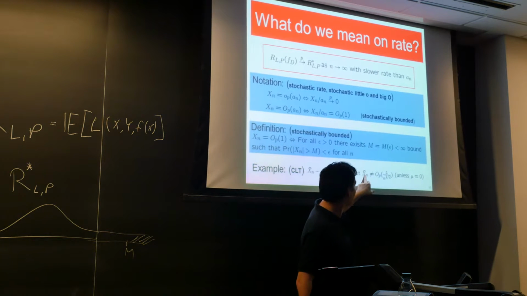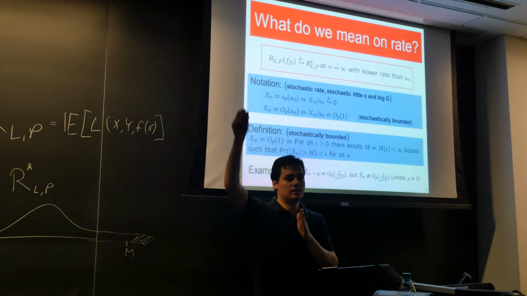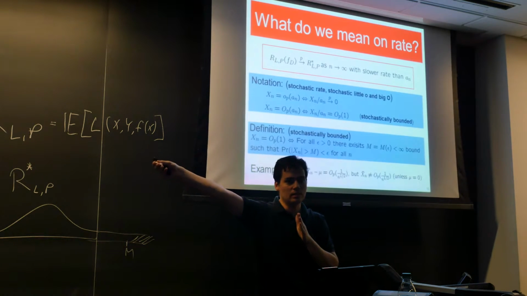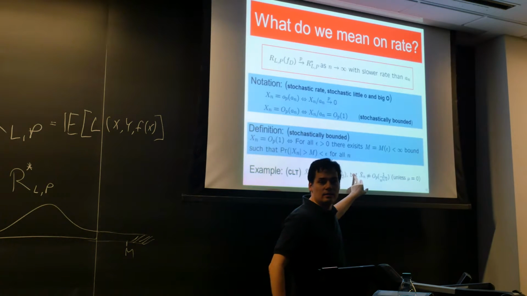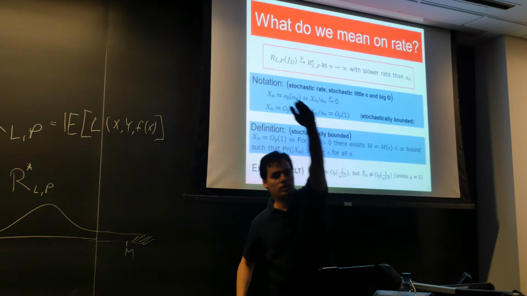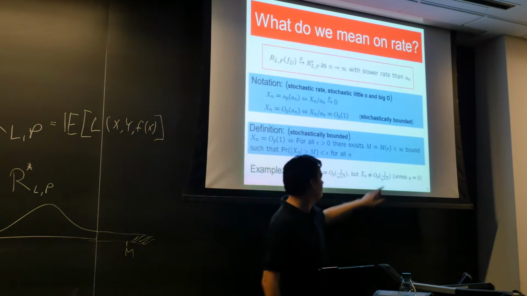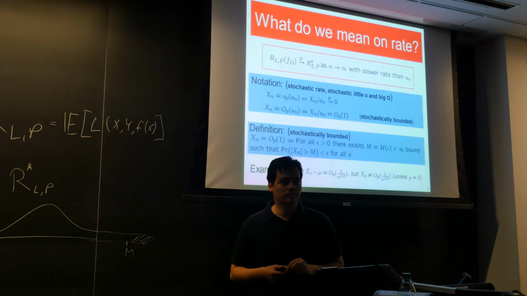Because if you have a random variable which has some mean mu, which is not 0, then square root of n times xn bar will have larger and larger mean value, so it's stochastically not bounded. Okay?